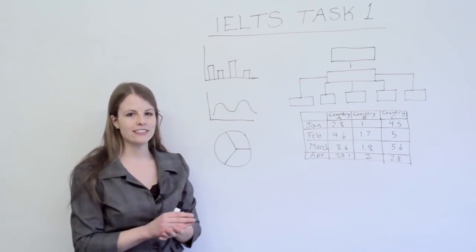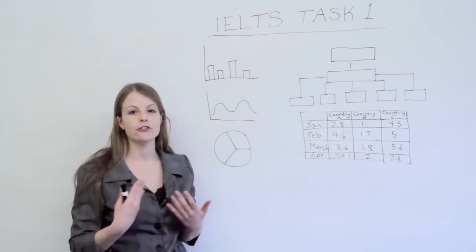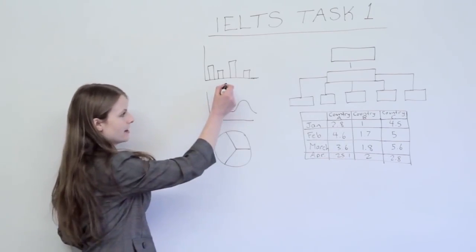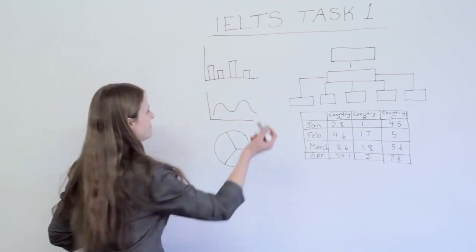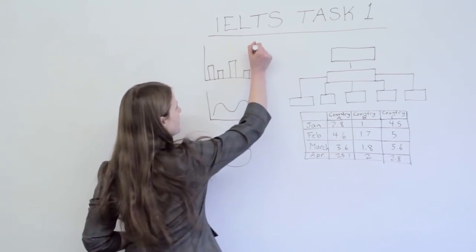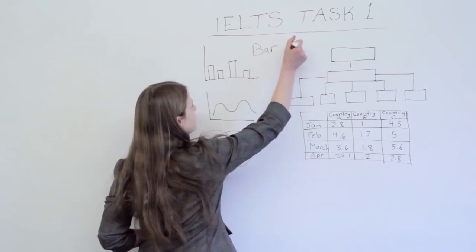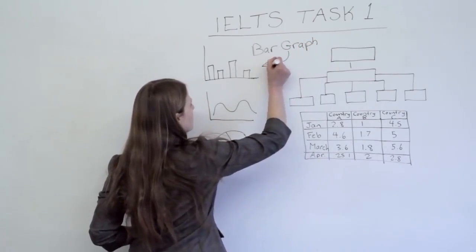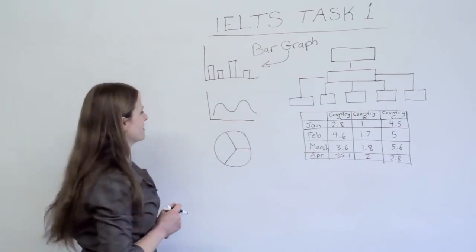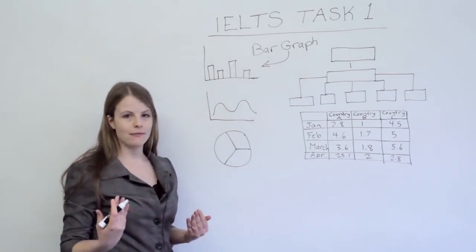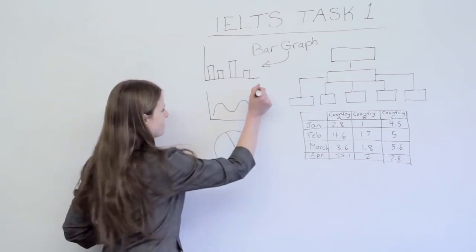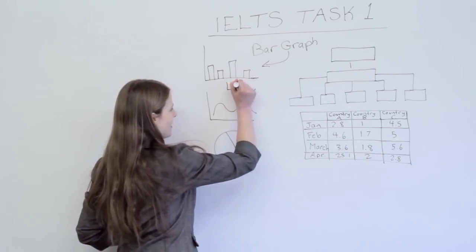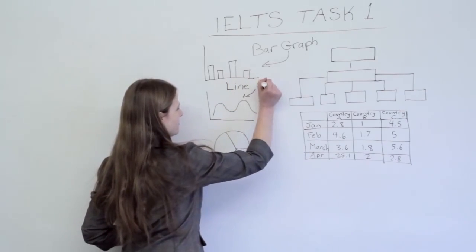Like I said before, in this task you're going to have to describe what you see. This may be a bar chart or a bar graph. So this is what is known as a bar graph. You might have to describe something like that. You may have to describe a line graph. See the line? This one is a line graph.